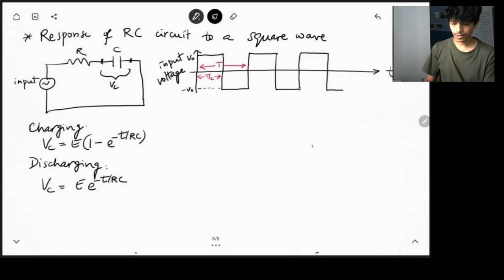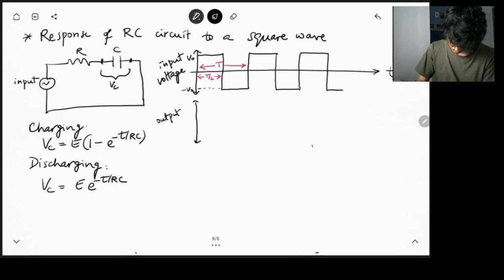Alright, and now I want to see what Vc looks like if my input looks like this. So I'm going to draw it exactly under this. Vc.